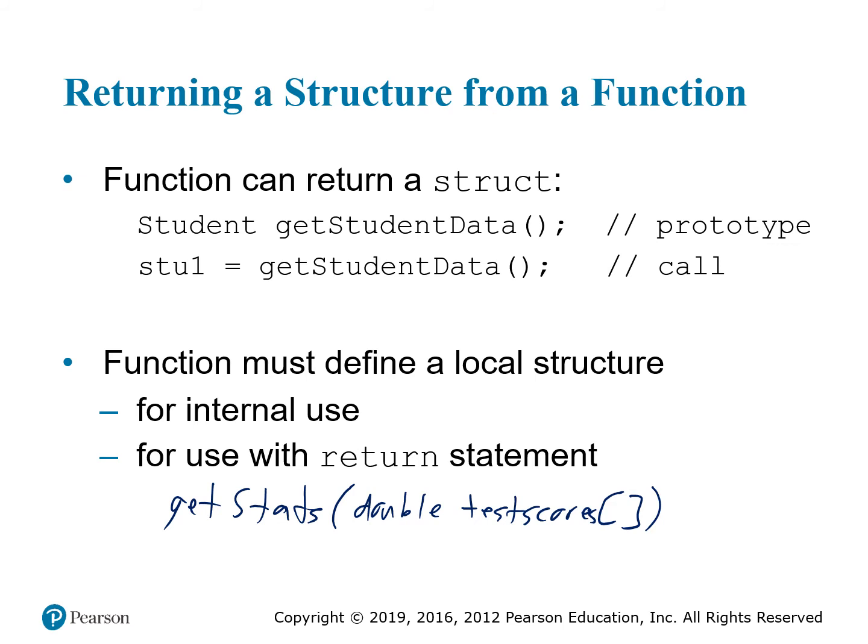Or I could pass it star test scores as a pointer. Either way, I have to then put int num scores, right? Because C++ doesn't pass how big the array is.